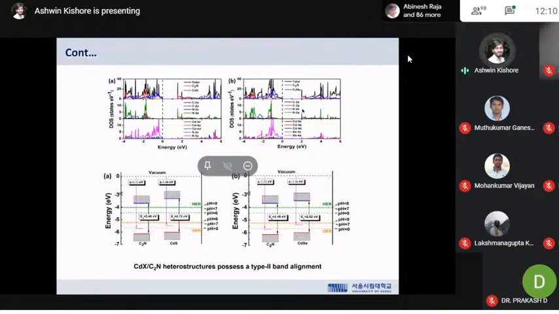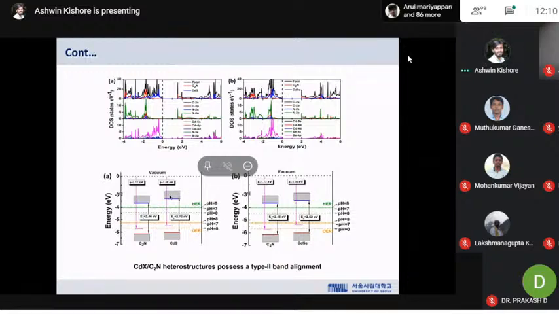Here, the conduction band minima is from C2N, and then the valence band maxima is from CdSe. So this makes a type 2 band alignment. The type 2 band alignment is really promising for water splitting, because the charge carriers will be spatially separated in this material, so that will reduce the water into hydrogen and oxygen.